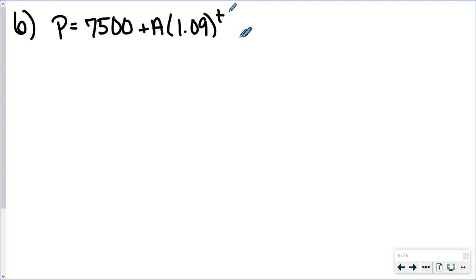At the start of the year 2000, the population of otters in Scotland was 8,000. Find the value of the constant A.